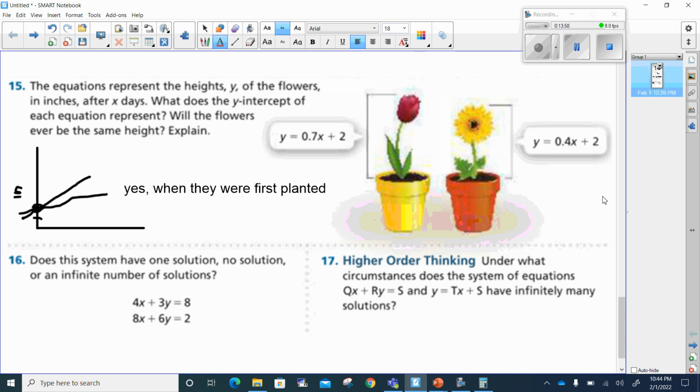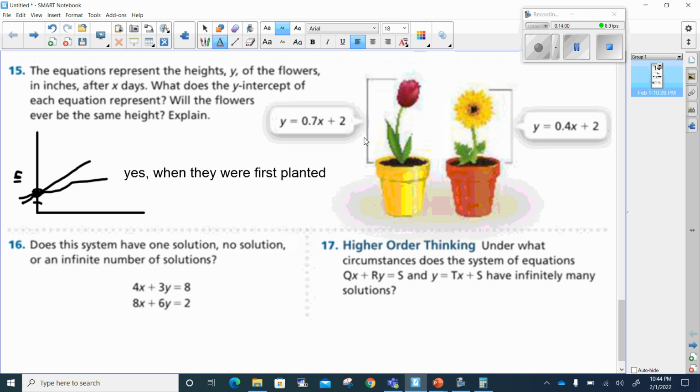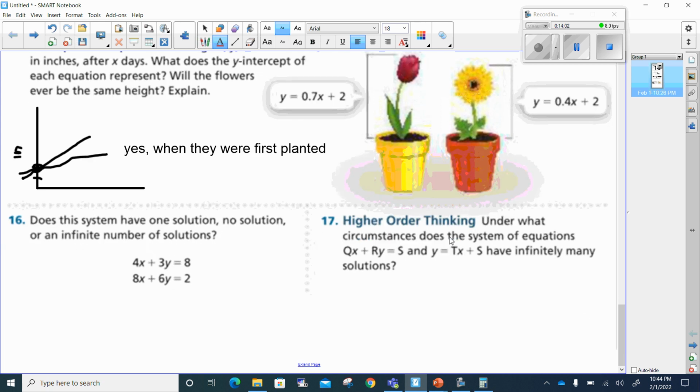All right, let's go to number 17. Under what circumstance does a system of equations qx plus ry equals s and y equals tx plus s have infinitely many solutions? Wow, okay. Let's rewrite these. Remember, we want these in y equals mx plus b form.